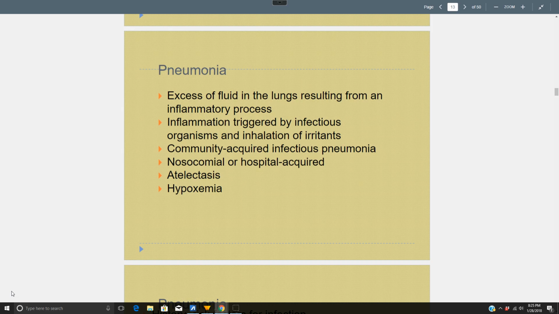In the United States, about 2 to 5 million cases of pneumonia occur each year, and it can be a major cause of death. This is another one of those diseases that we really can't take lightly, that it is still causing people to die, especially the older adults, nursing home residents, and hospitalized patients, and those that I said are like in a critical care unit that are on some kind of assisted mechanically ventilated device.